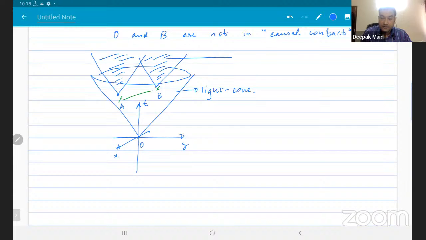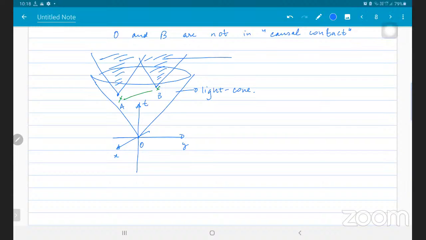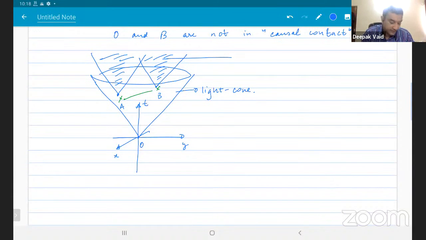Okay, sir. So this property of causal contact is not a transitive relation. That means that if O is in causal contact with A, and O is in causal contact with B, that does not imply that A is in causal contact with B. A and B are still causally disconnected, but they are both causally connected to O. I can send a signal to A and I can send a signal to B, but A and B cannot send signals to each other.